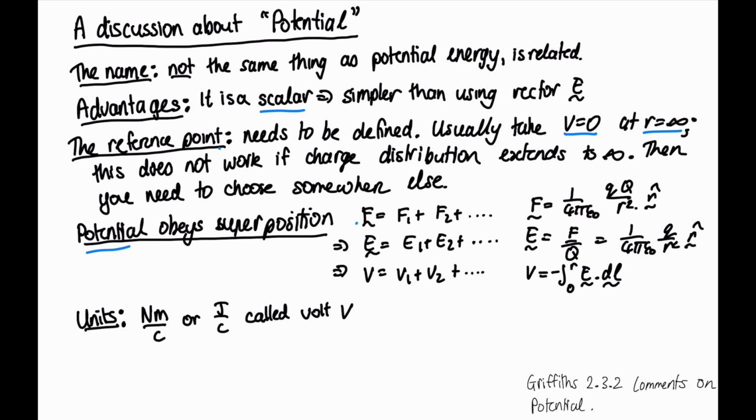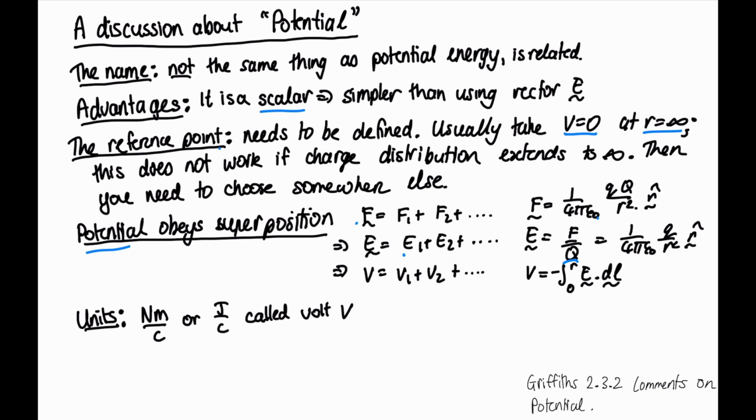Now, potentials obey the law of superposition. That's because we've said forces obey the law of superposition. We're talking about electrostatics here, so electrostatic forces obey the law of superposition. The electric field is related to the force because we just divide it by the test charge to get the electric field.